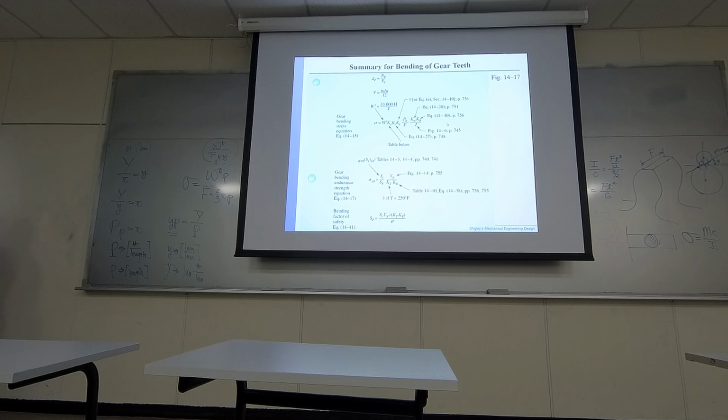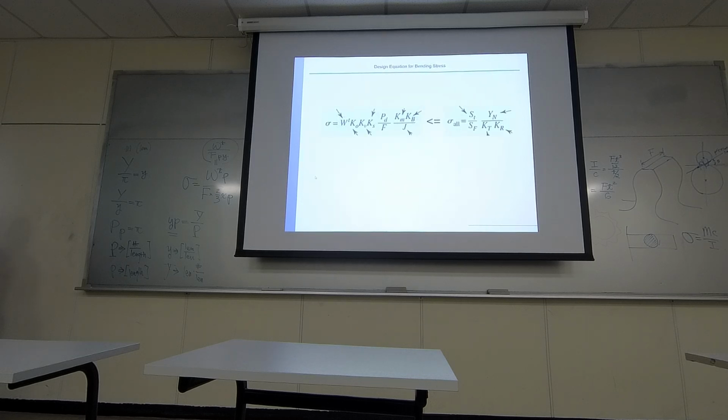You can turn into those pages and figure out. And this is the allowable stress. So basically, this stress must be smaller than the allowable stress. That's the general design equation for the tooth. Okay? So like this. This stress must be smaller than the allowable.